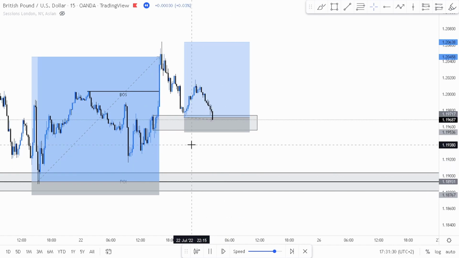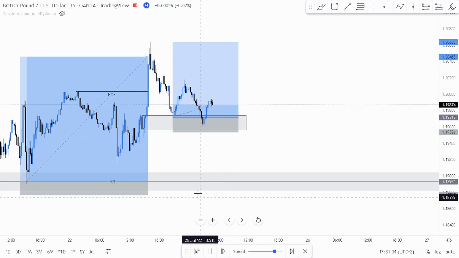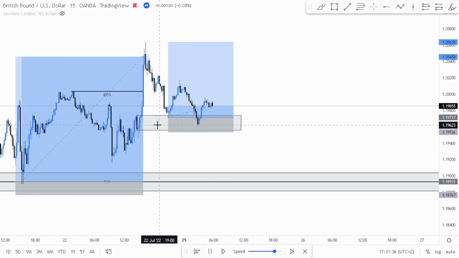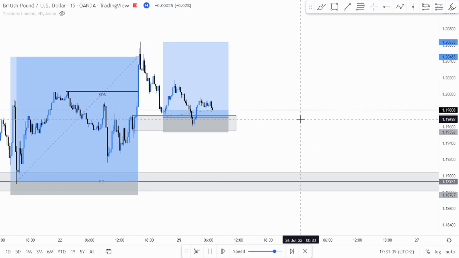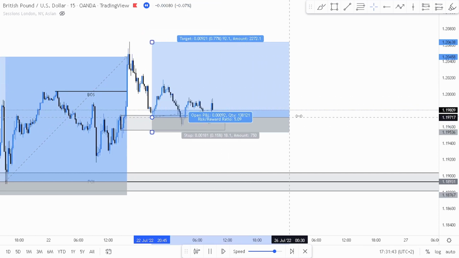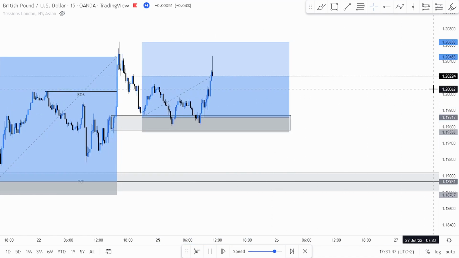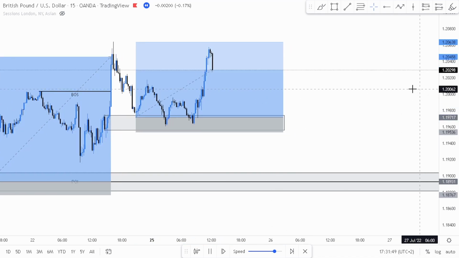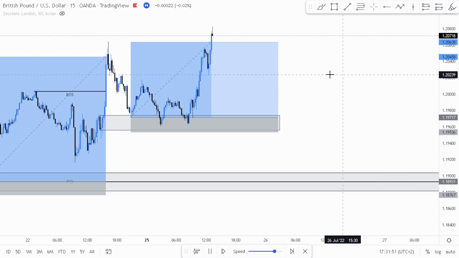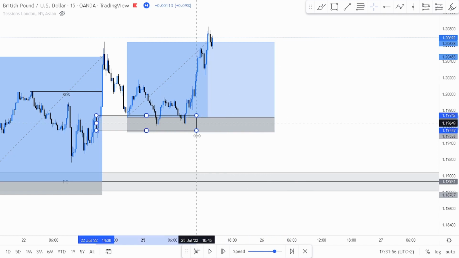And initially, okay, price does okay. Looking at our 50%, I would have been triggered into this trade because that is what I wait for. So I would be involved in this trade right over here. And let's see, boom, our TP has been hit on the second trade.